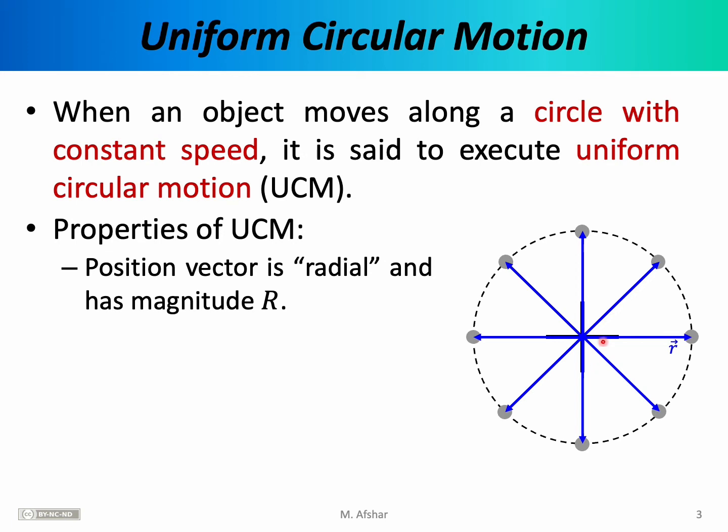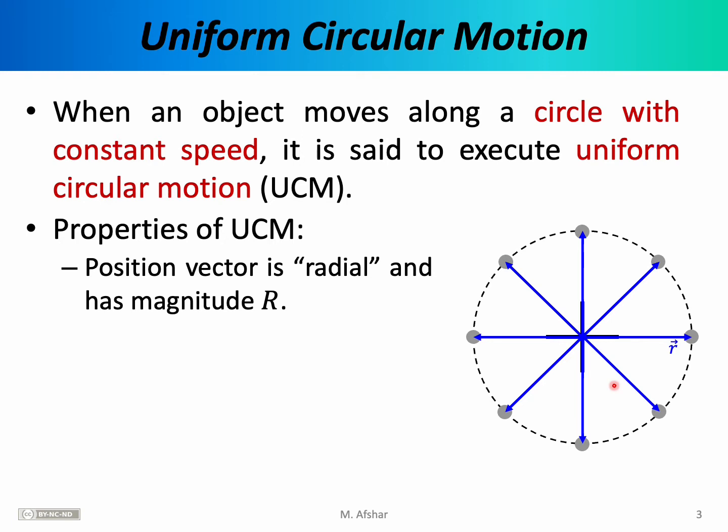All of the position vectors begin at the center of the circle and they point directly to where the object is. Notice each one is radial, meaning that it points along the radius of the circle, and each one has the same magnitude, namely r, namely the radius of the circle.